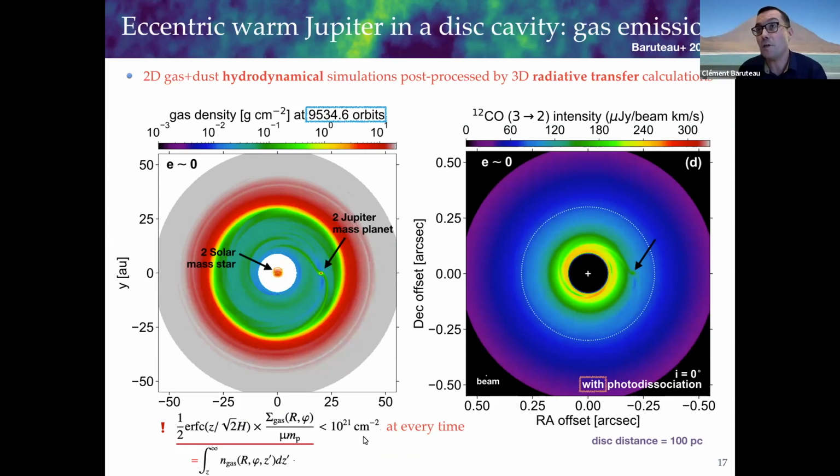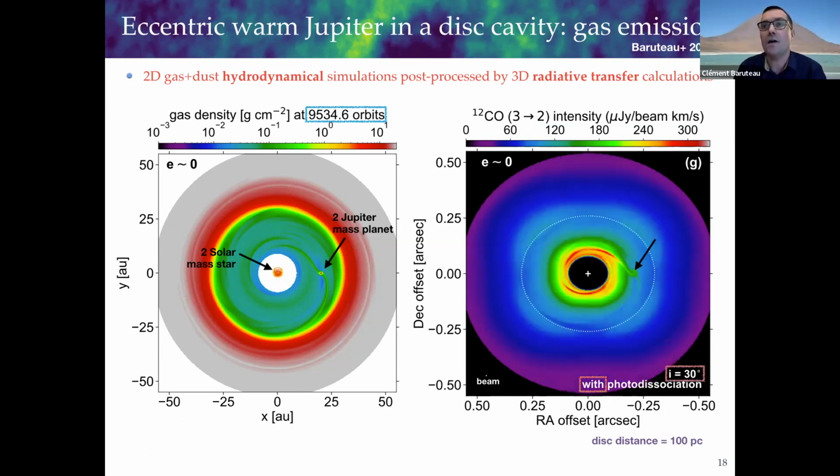So that's how we take photodissociation into account, and you see that this changes a little bit the structures in the specific intensity, but not by a large amount. This is due to the fact that, again, the emission is still quite optically thick.